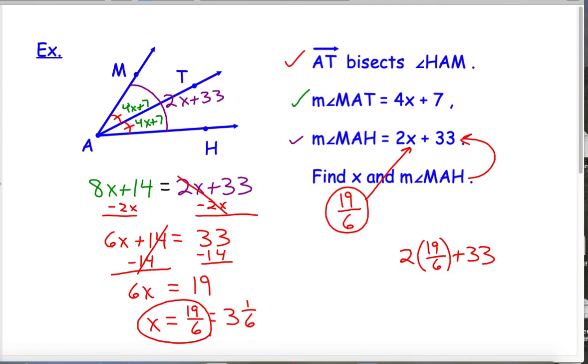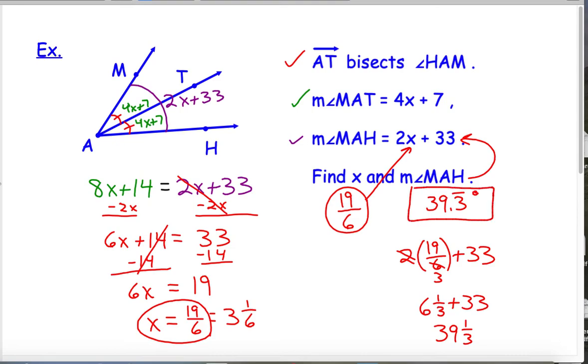I'm going to do some reducing. 2 goes into 6 3 times. 19 divided by 3 is 6 with 1 left over. So when I add those, I get 39 and 1/3. Another way of writing it is 39.3 repeating. But you can write as a mixed number if you want. And so there's my two answers.